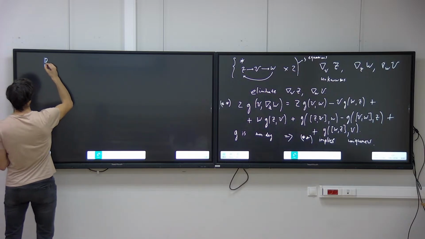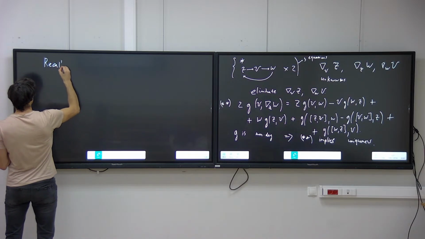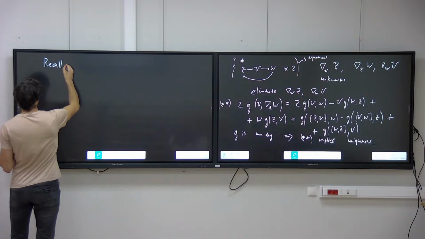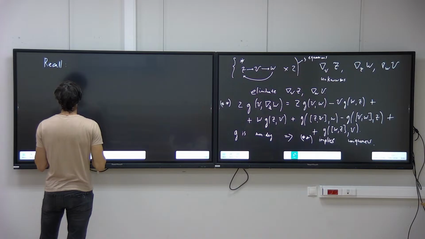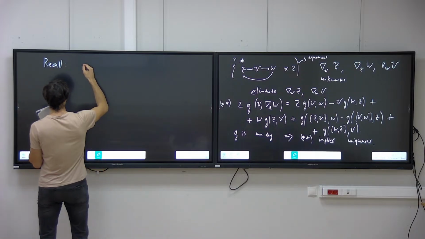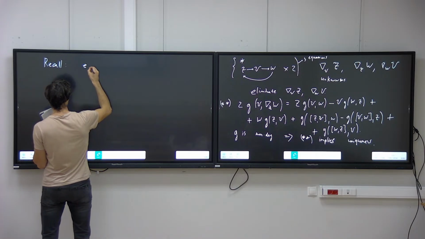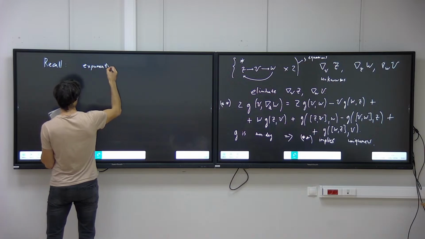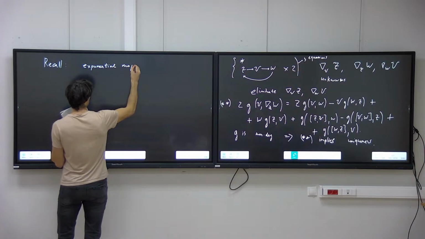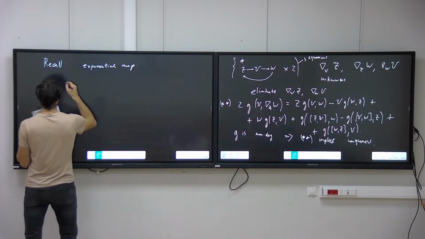So recall: the exponential map is from where to where.